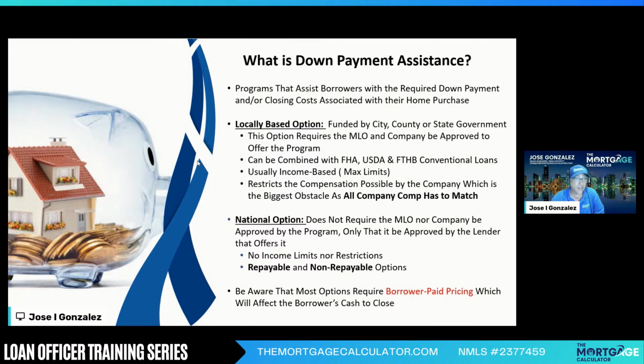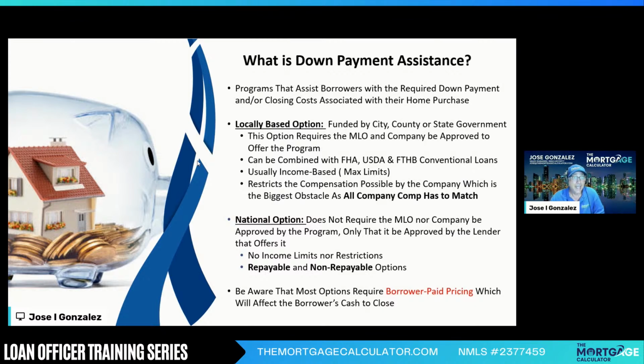So that's the key. As long as we're approved by that conduit, by that lender, let's say if it's an FHA loan, then we can offer the program, as long as also that lender participates in the program. Another key component there. So what we have structured today is what we have that is possible with our partners.